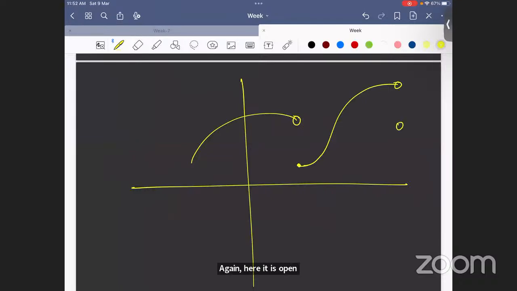This is also open, and this is closed. Just for example, this is 2, and this is 5. Let's say this value that you are getting is 3.